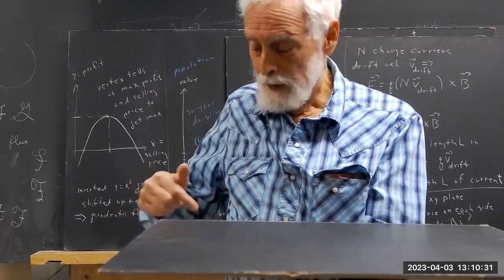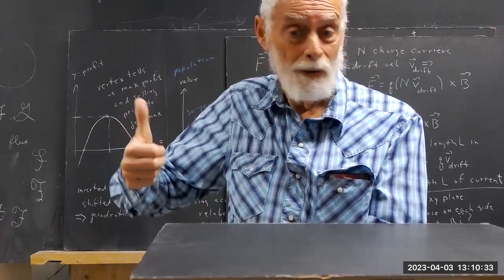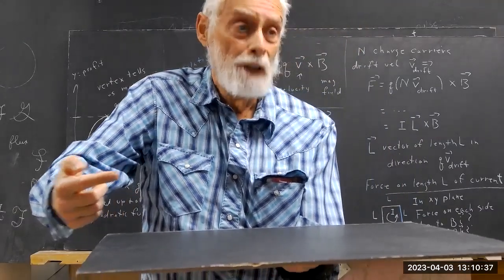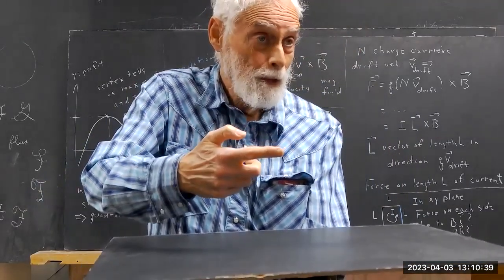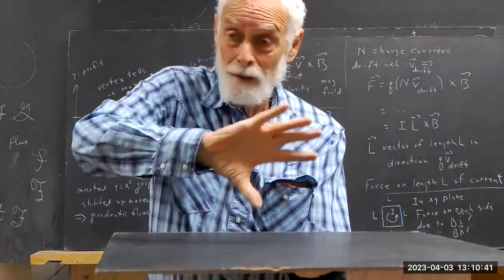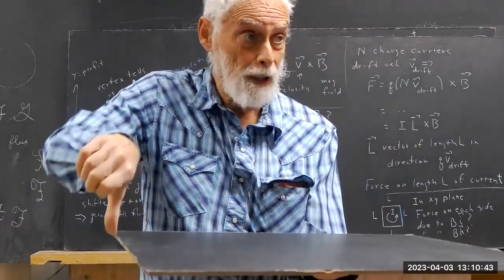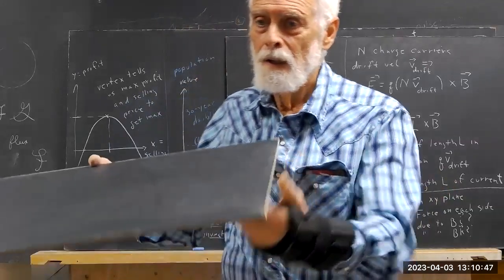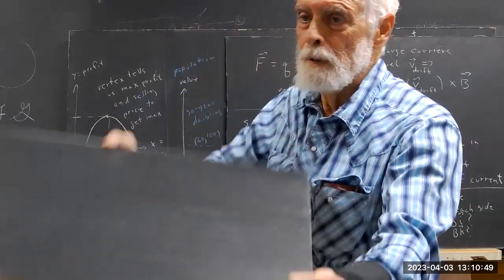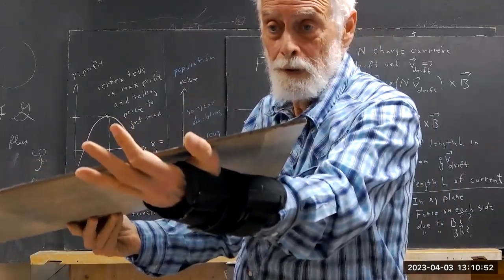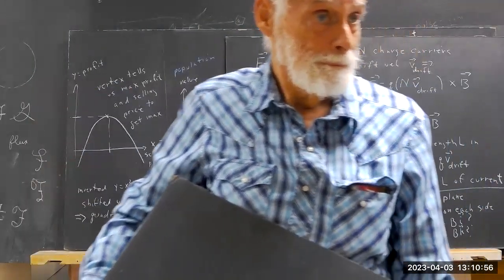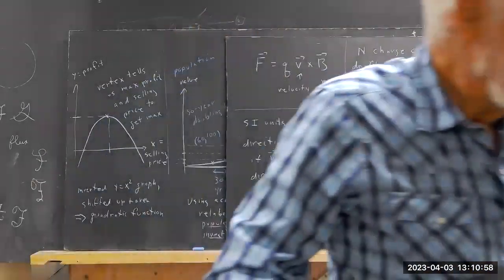So on this side, we get a positive, and on that side, we're going to have a positive J crossed with I, negative J cross I is going to give us a downward force. And what's going to happen then is this side is going to be pushed upward, and this side is pushed downward, giving us a torque, and then to rotate this thing.